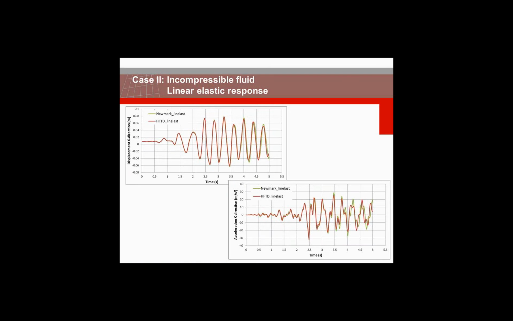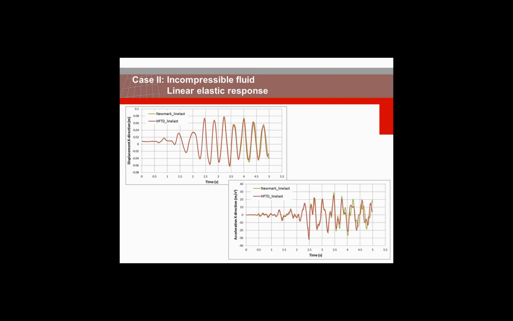The results we obtain in the first case, incompressible fluid with linear elastic behavior, is that when we use Newmark and HFTD, we obtain almost the same results, which is important to check, to know that the HFTD is precise enough when we don't have to deal with frequency-dependent properties.